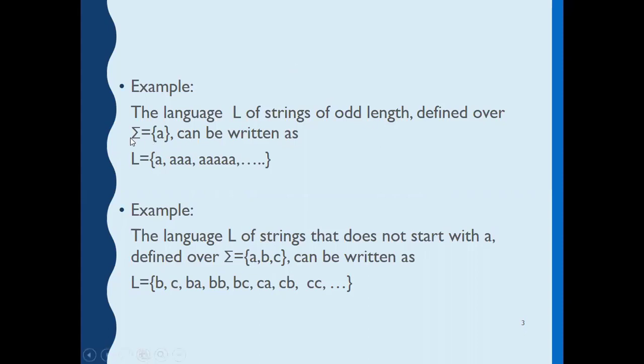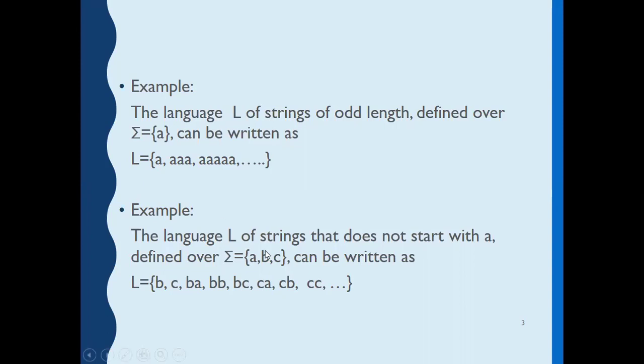So here sigma, that is the alphabet, equals A, and the language will be A, triple A, 5 As, and so on. Now we will call them the words because they are associated with the specific sort of language.